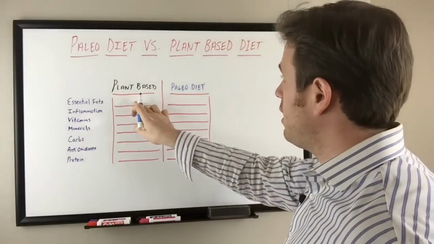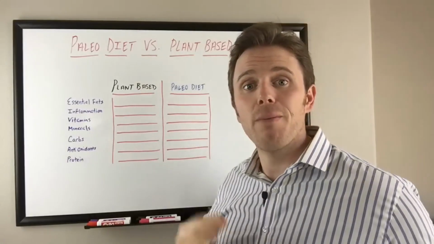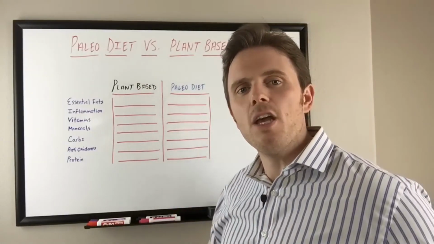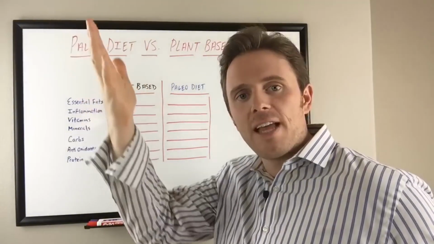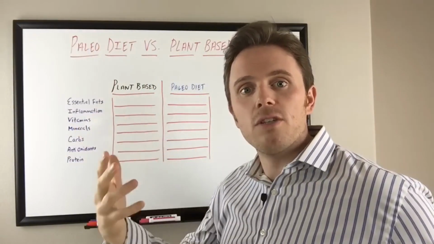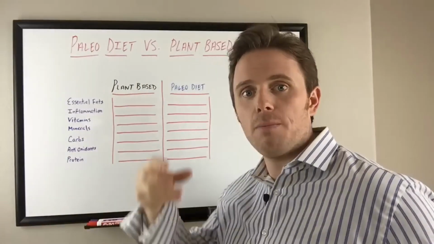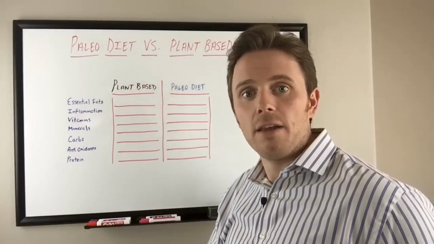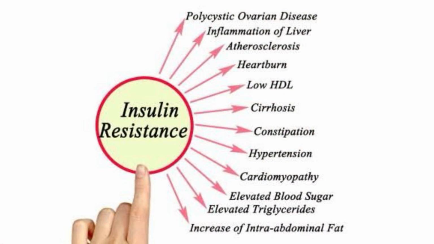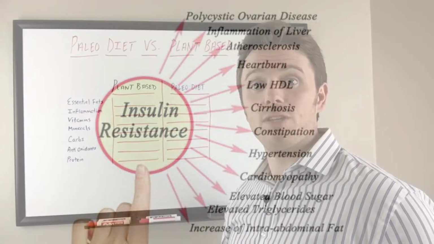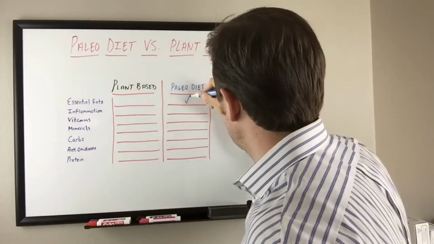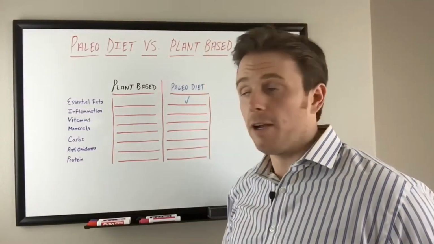The essential fats you're going to get with plant-based are primarily going to be flax. And if you watch my video on fish oil, you'll see that you have to convert flax downstream from alpha-linolenic acid. We use the delta-6 desaturase enzyme to add carbons onto that 18 carbon fat. And if we have insulin resistance or inflammation, we can only convert 20% of it at best. So off the bat, the benefit goes to the paleo template.